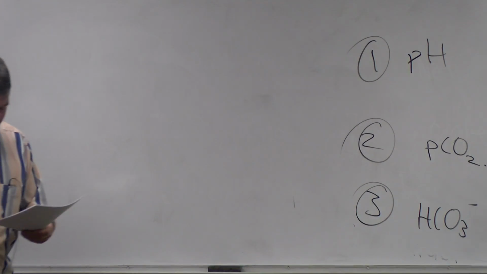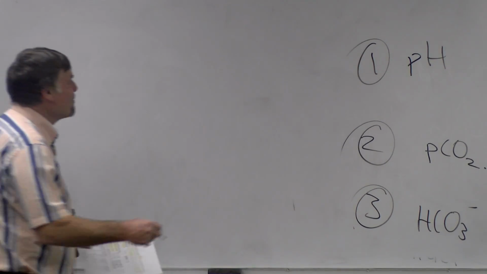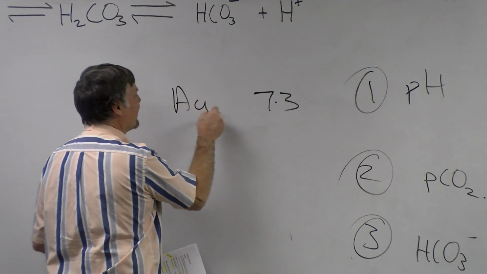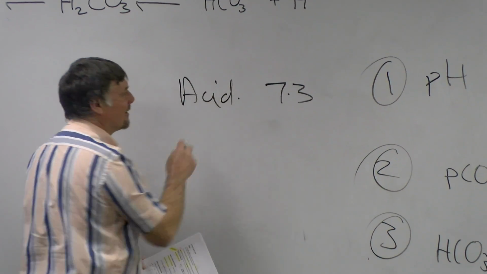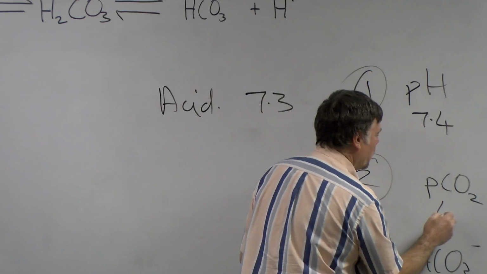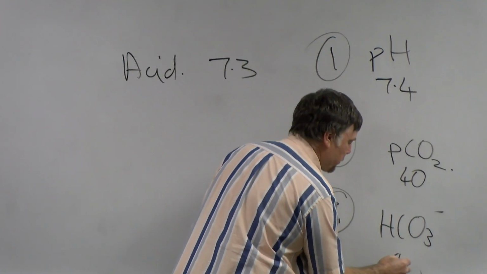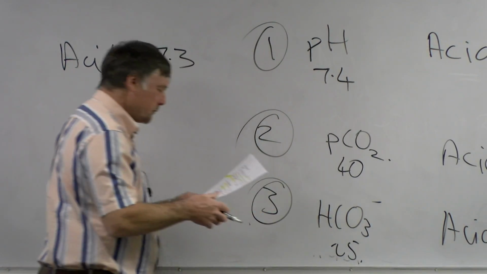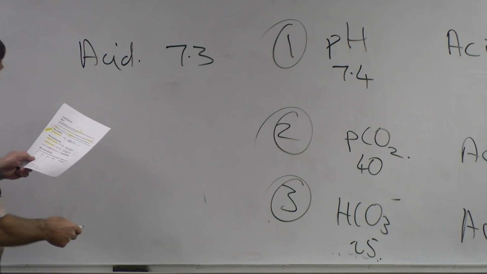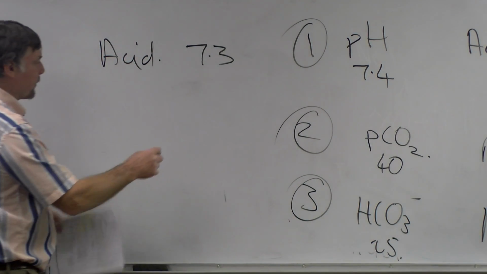Let's do the next one. All right, 7.3. Acid, right? Do you want me to put the normals in? 7.4, 40, and about 25. So, 7.3 is acid. PCO2 is 70.